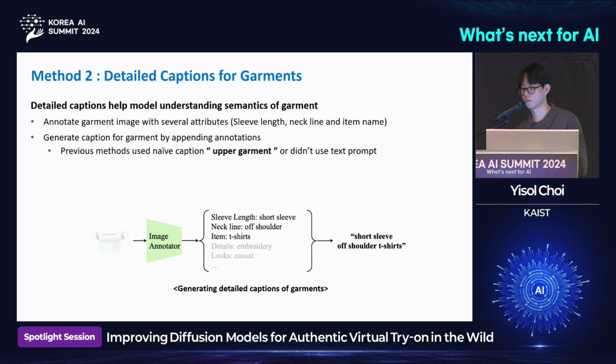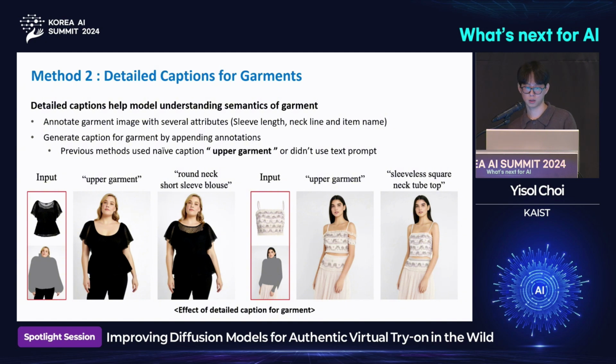And we also provide a more detailed text caption of the garment with several attributes, because we basically utilize text-to-image diffusion models as a backbone model. And as you can see, with the more detailed text caption, we can preserve the high-level semantics like neckline or sleeve types.